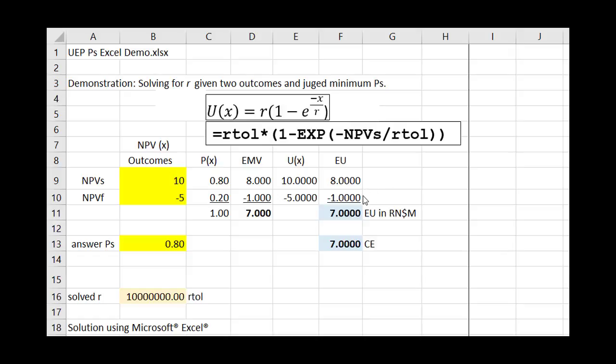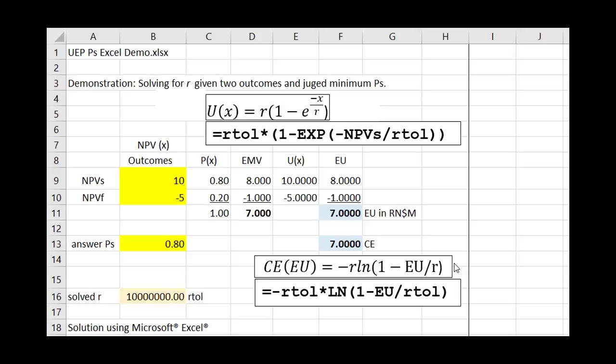So expected utility is 7 million risk-neutral dollars, numerically the same as the EMV, but that's going to change when we reduce R. Once we have expected utility, we can calculate the certain equivalent. So again, the upper equation is a textbook-like formula, and Excel's formula is this lower one. So this is the formula in this blue cell in Excel.